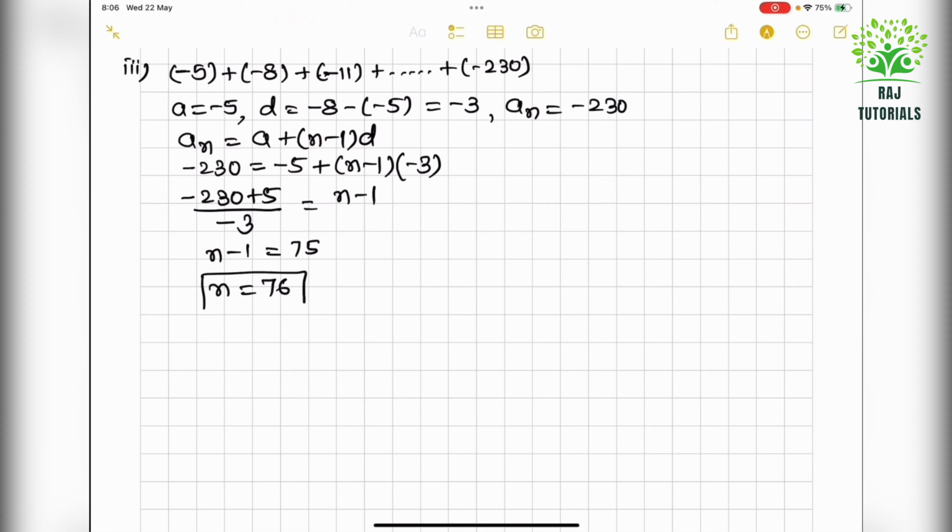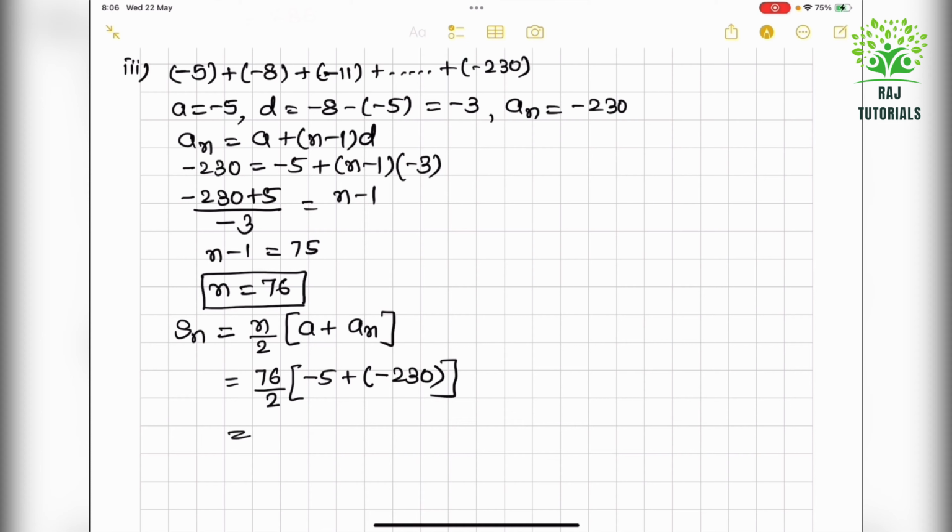Now I can use another formula also to find Sn, that is n by 2 into a plus an, or last term, where we wrote L also there. N by 2 means 76 by 2 into a means first term minus 5 plus last term minus 230.